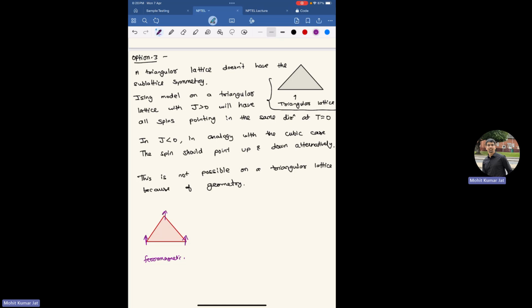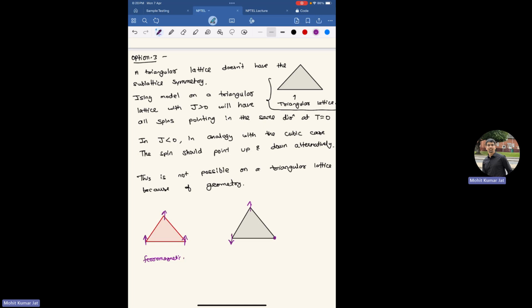This is ferromagnetic. But in the case of an antiferromagnet, spins have to be alternating: if this is up, this has to be down. Now, what about this one? This side can be either up or down.